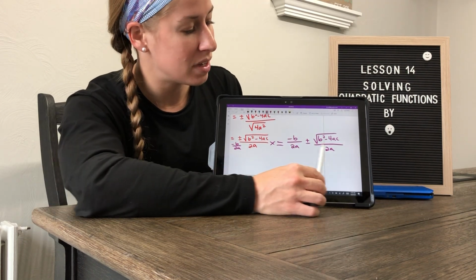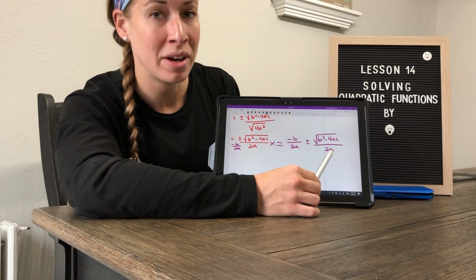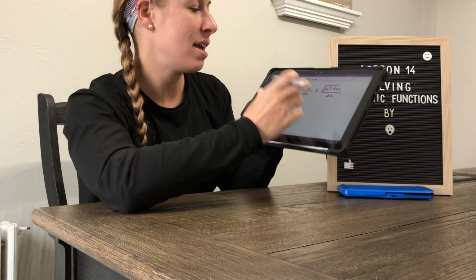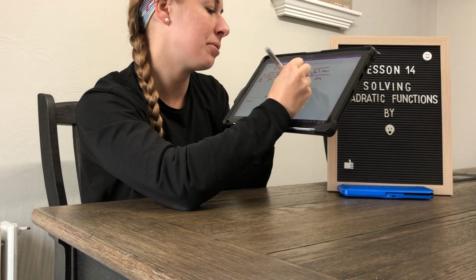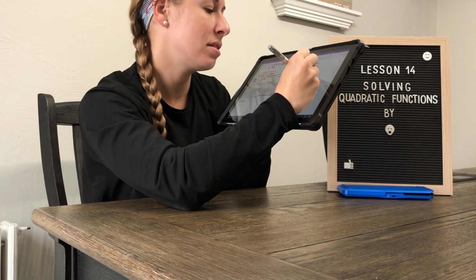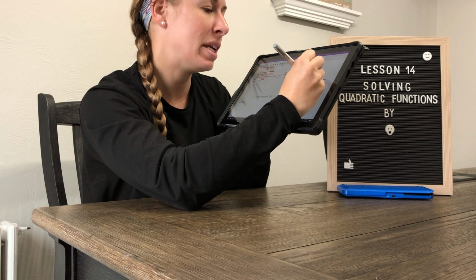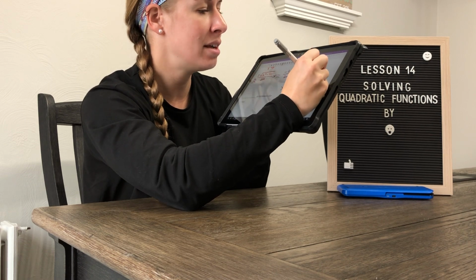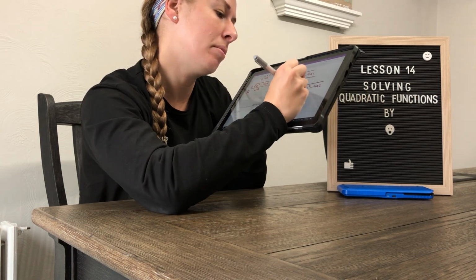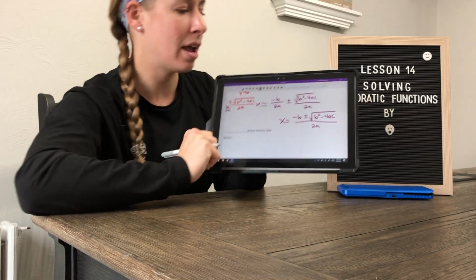Thankfully, both of these already have a common denominator, so we can just plus or minus them together. So what we get is x equals negative b plus or minus square root of b squared minus 4ac, and they're all over 2a.